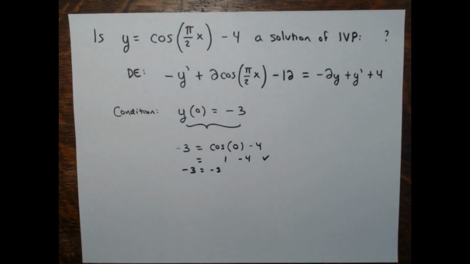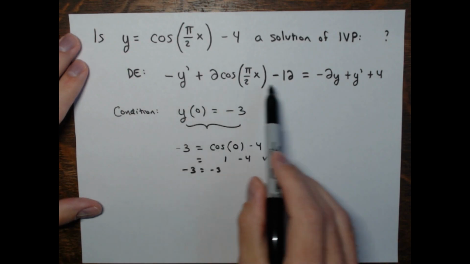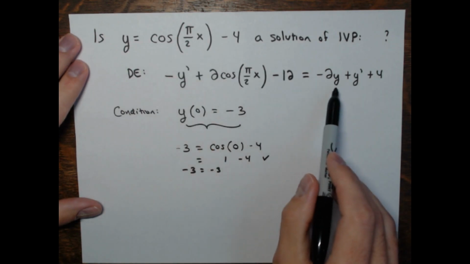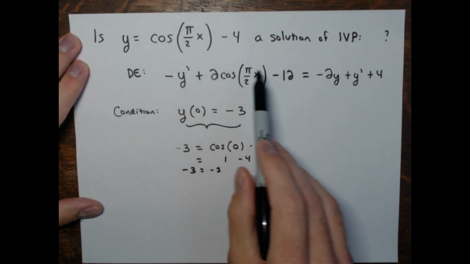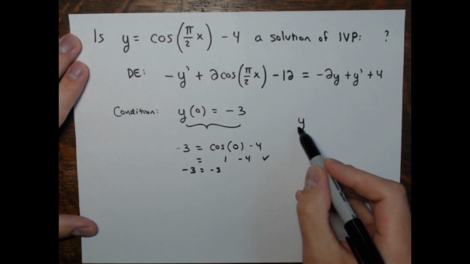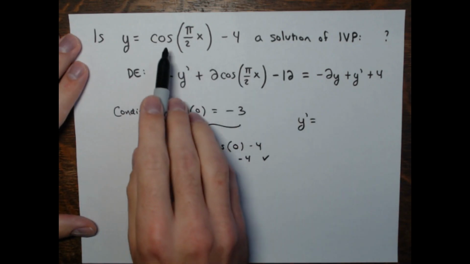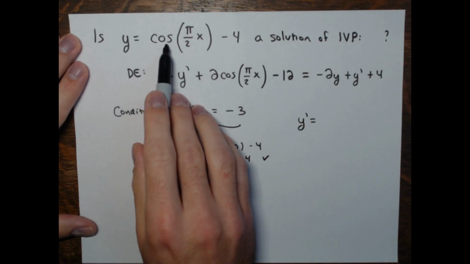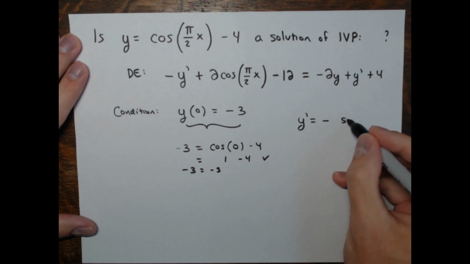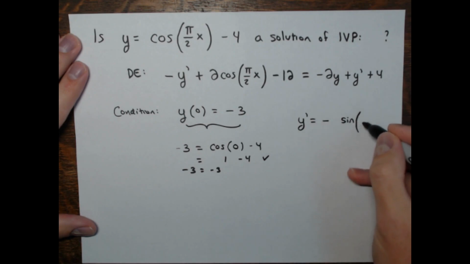Great. Now, does it satisfy the equation? So I've got y. That's going to go here where this y is. But there's a couple instances of y prime, right? So I need y prime. Now this would be, remember the derivative of cosine of something was negative sine of that thing, right? So negative sine of pi over 2 times x.